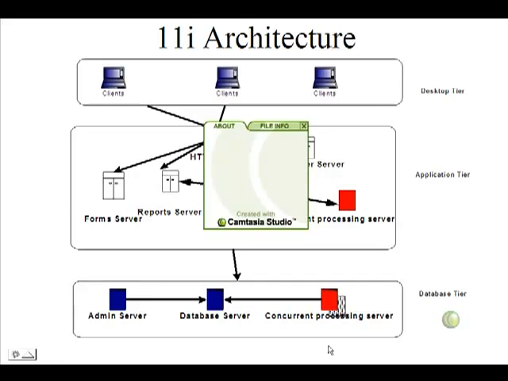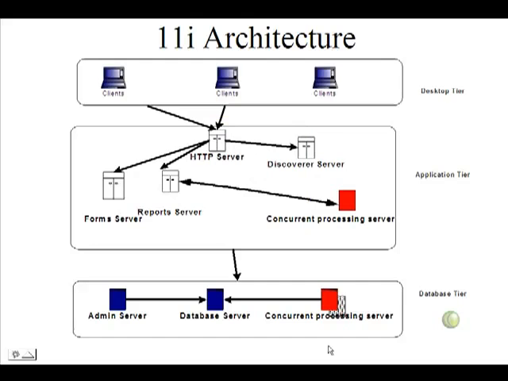We have the application tier, which is going to hold the form server, report server, your Apache server, your Discoverer server, and your concurrent processing server. The database tier software will only hold your databases and the Oracle homes corresponding to the database.